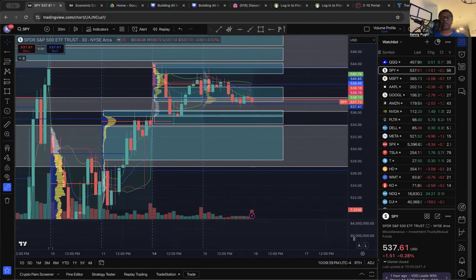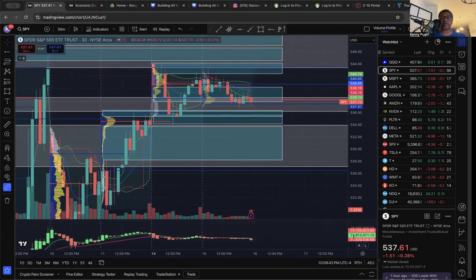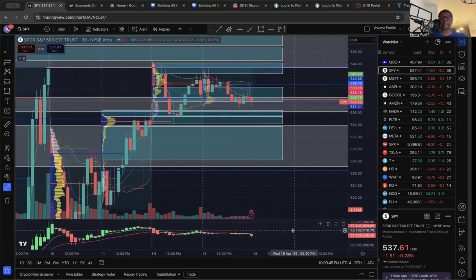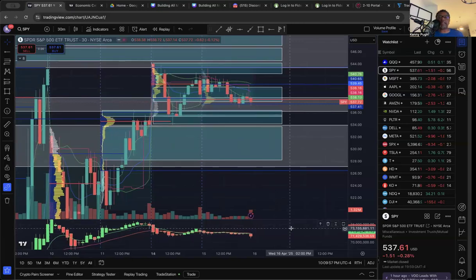And the cumulative volume delta is also showing the strength of aggressive buyers and sellers at a given moment in time, and it just shows you who's very active in the market at that time, and that's what I use.